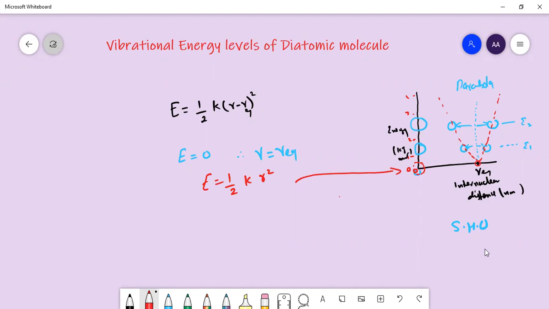Then if you raise the energy of this molecule from 0 to the E1 level, what will happen? As you increase the energy of this molecule, what will happen here is that the oscillation of this molecule will also increase.